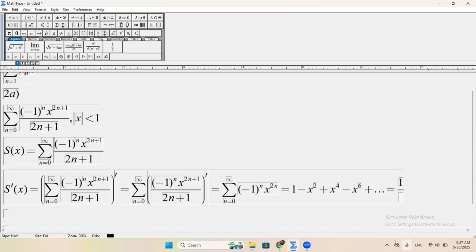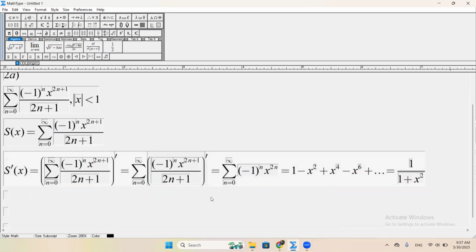The first term is 1, and the denominator is minus x. So 1 over 1 plus x squared. So we wrote the derivative of this series as an elementary function.